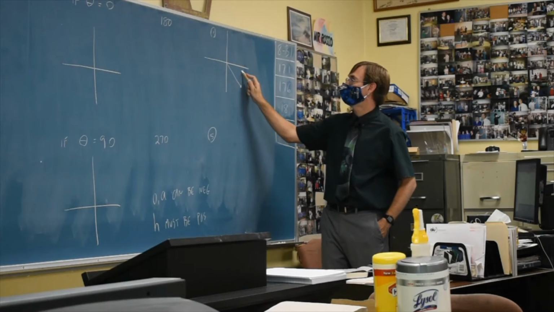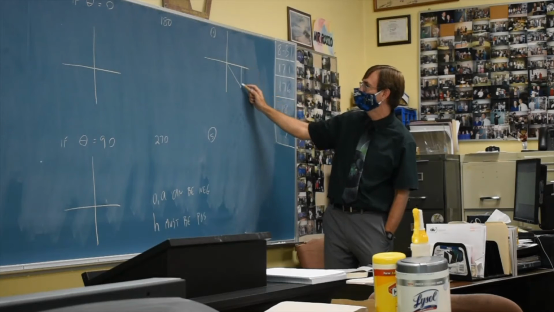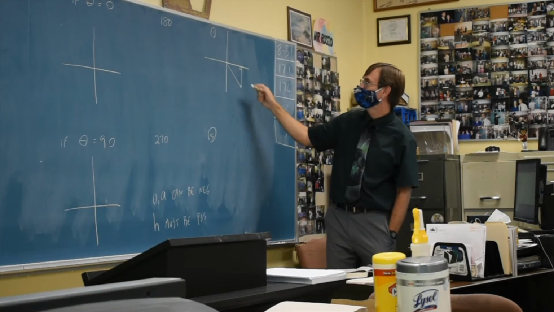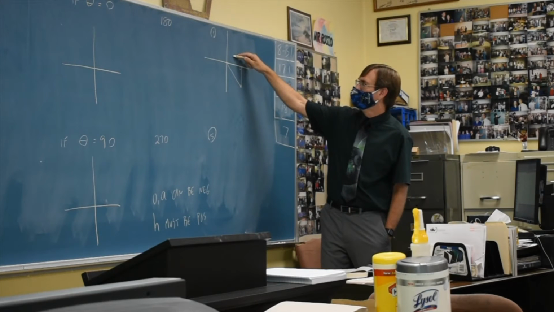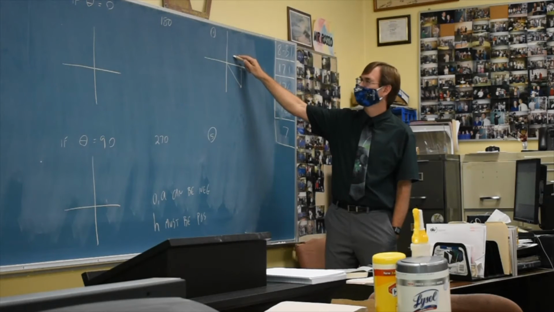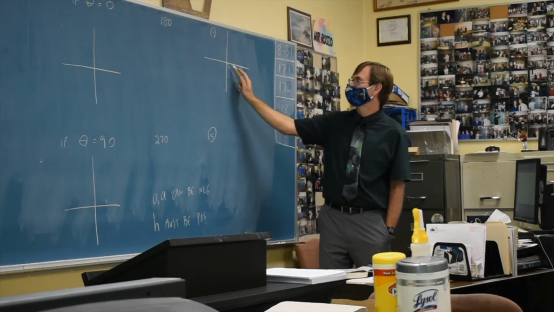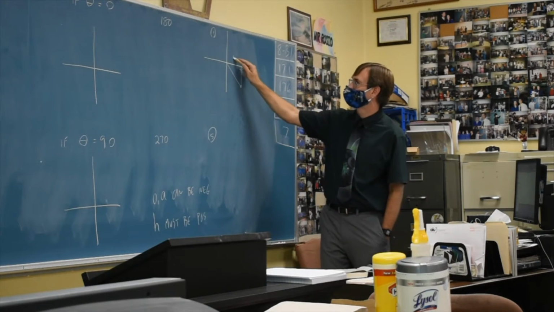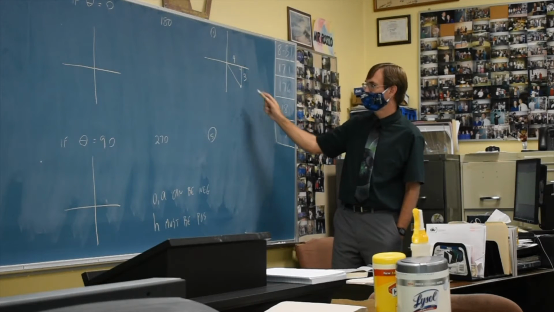We're always going to draw a straight up and down line to the x-axis to make ourselves a right triangle. Was this the 4 or the 3? This distance that we traveled, 4. That was the 4. This is the 3.